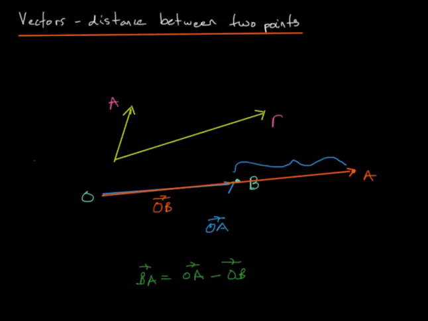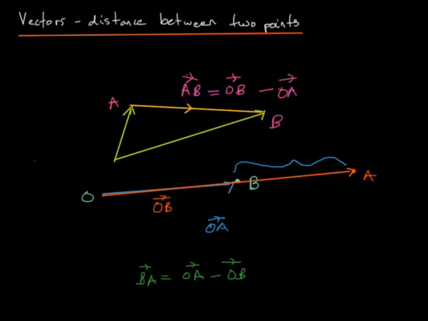So if this is A and this is B, and I want to go from A to B, I need to do OB minus OA. So this would give me this vector here, which I'm going to call, for obvious reasons, AB. If I want to know what AB is, then I need to do OB, in this case, minus OA.